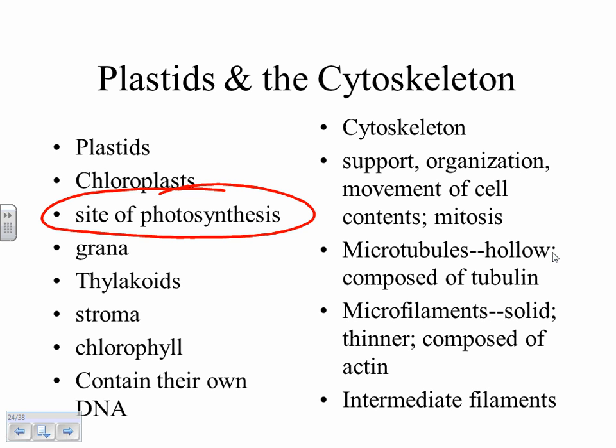Regardless, inside our chloroplast, each one of these little sac-like structures is called a thylakoid. Those are thylakoids. That's where the chlorophyll is at. The chlorophyll is actually embedded in the membranes of these little thylakoids.